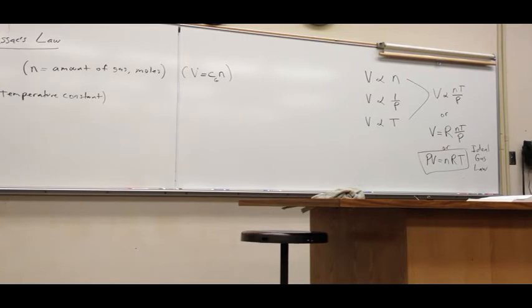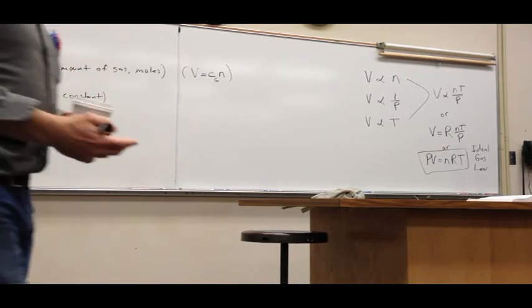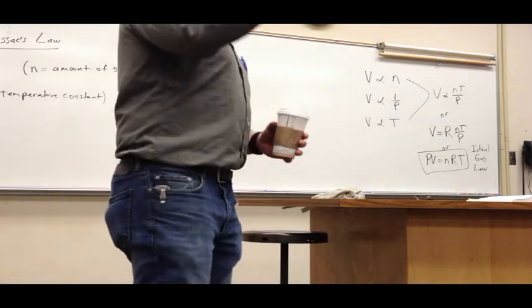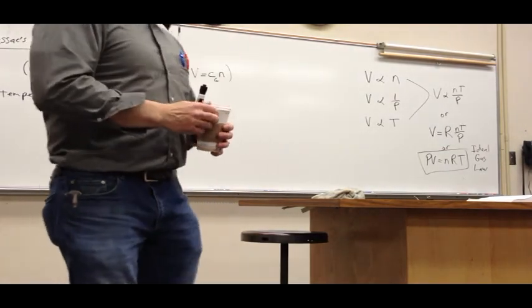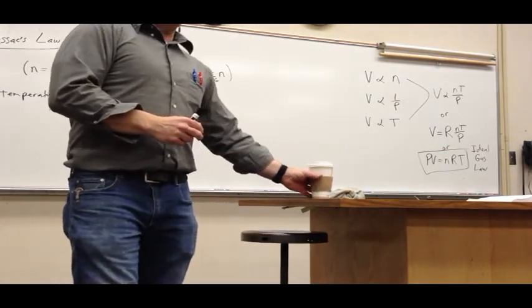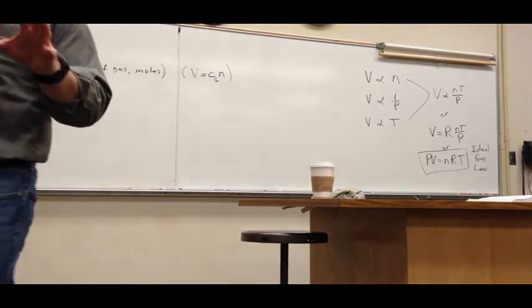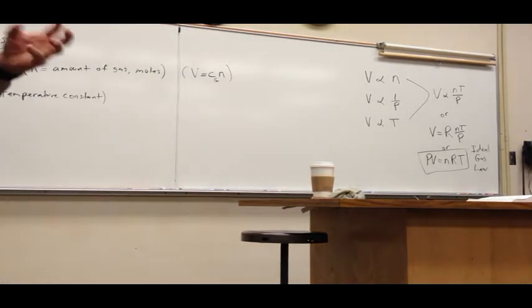I'll explain the difference between an ideal gas and a non-ideal gas in more detail towards the end of the chapter. But basically, an ideal gas is one where the gas particles themselves don't take up any volume. As I described earlier, when they interact, they don't lose any energy.